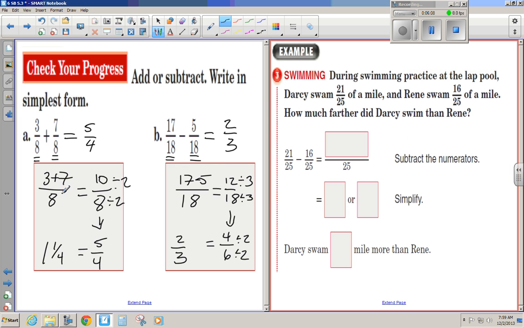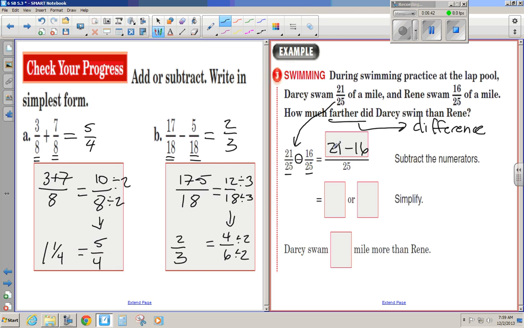All right, now we've done a few examples here. Now we are going to look at the question, how much farther did they go? Well, we want to find how much farther. That means difference. That means subtraction. And so we're going to take the larger one, put it in front, and the smaller one second. Since the denominators are the same, you simply have to subtract the numerators.